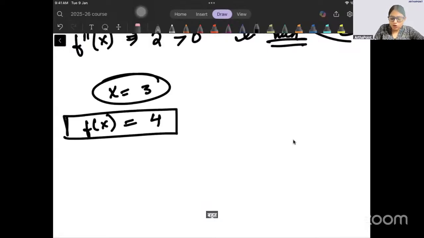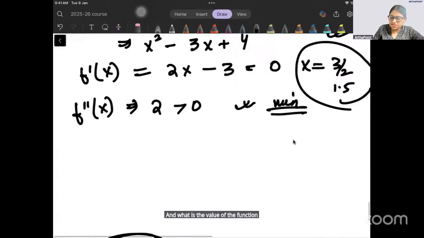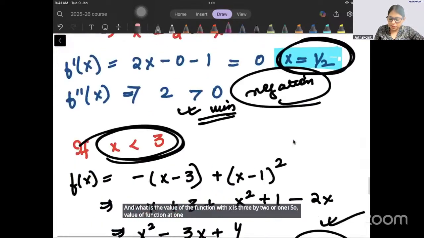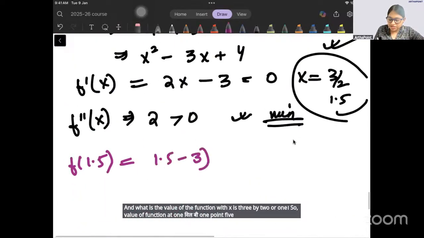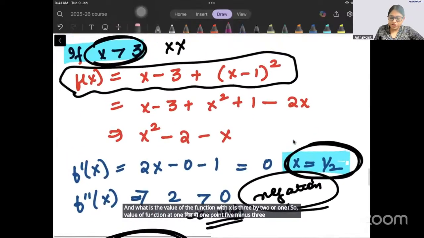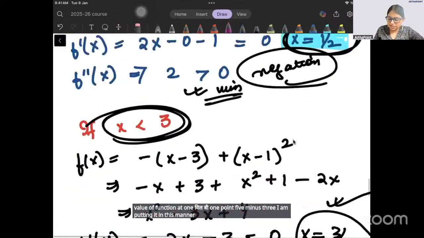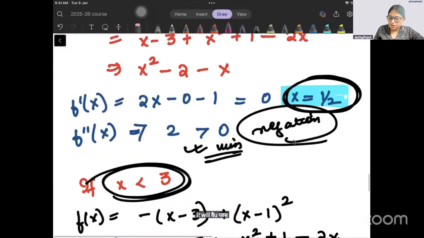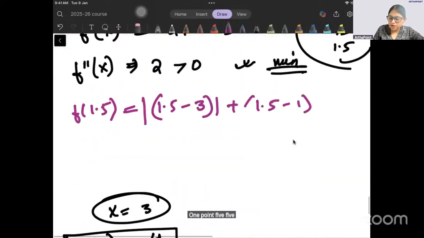And what is the value of the function when x is 3 by 2 or 1.5? The value of the function at 1.5 will be the absolute value of 1.5 minus 3, plus (1.5 minus 1) whole square.